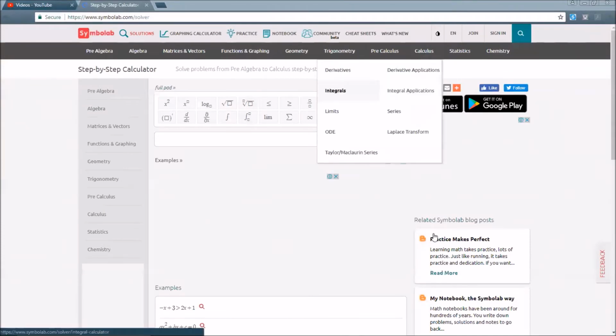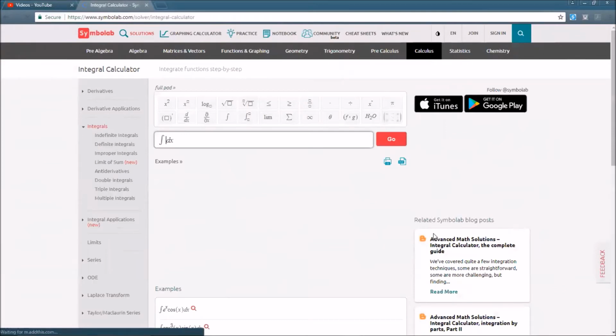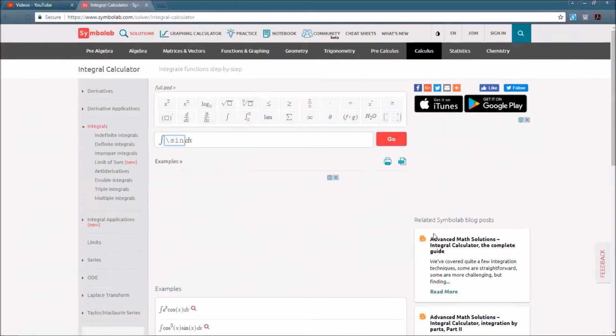So calculus, integral, sine. Actually, I find Symbolab likes it if you write it like so, if you break it up for it. I find it spits out different answers. However, this here is the correct answer. I just don't want to run the risk.